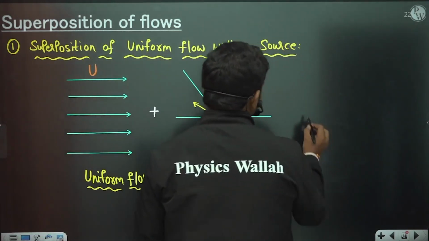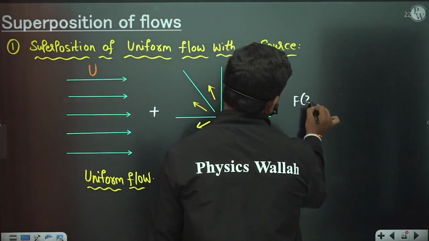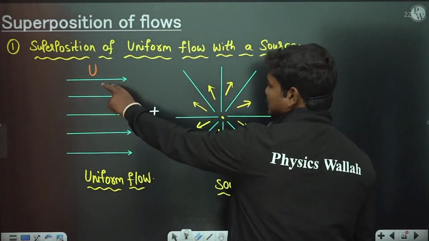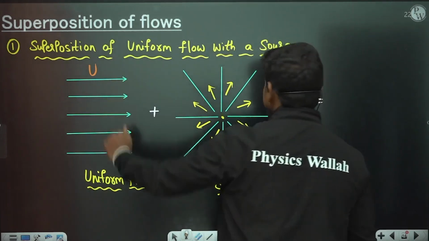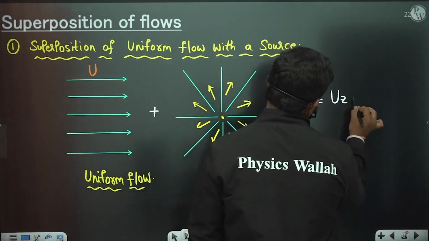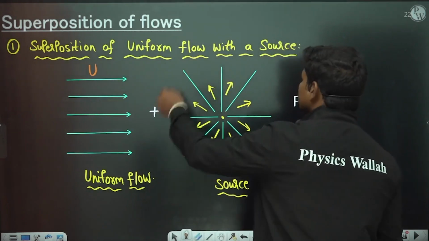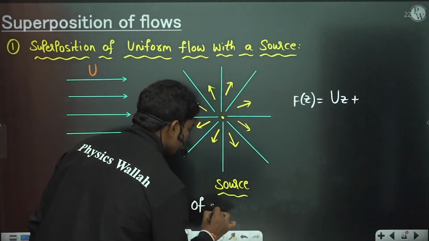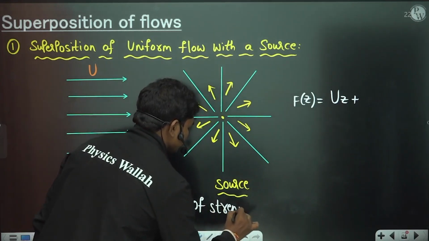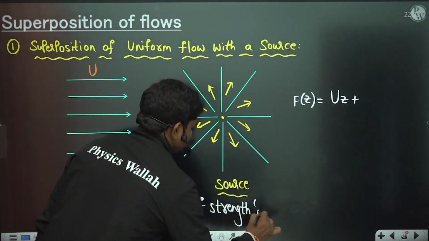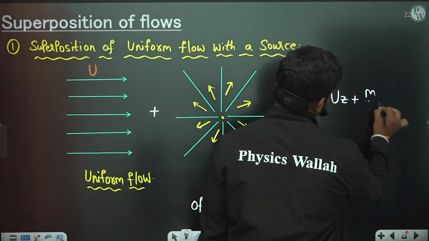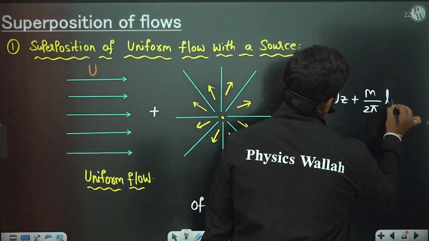So first of all, if you write f of z for this, then complex functions can be just added straight away. So this is a uniform flow along x direction, so Uz, plus this is a source of strength m placed at origin, so m by 2 pi ln z.